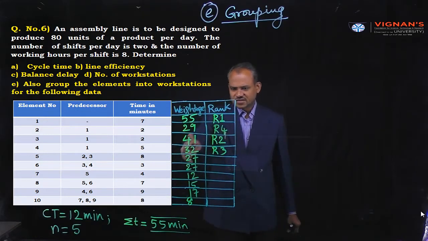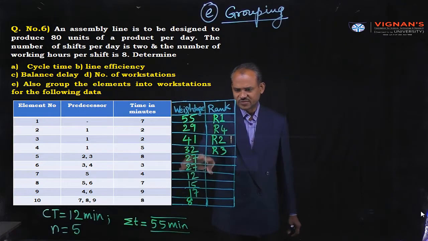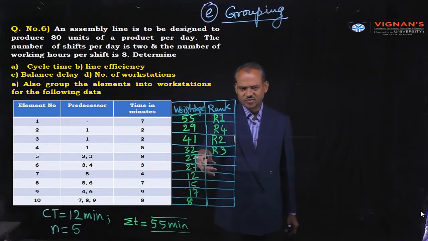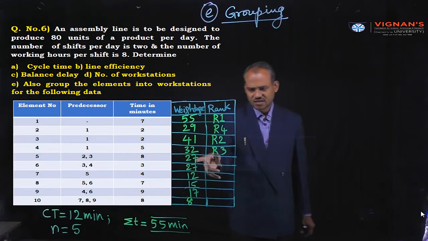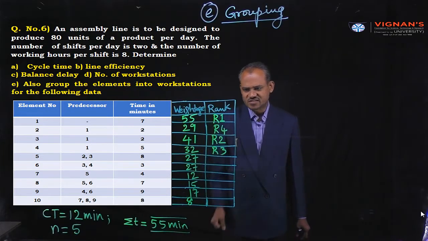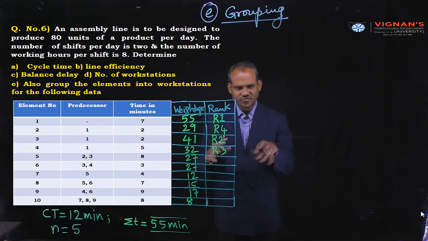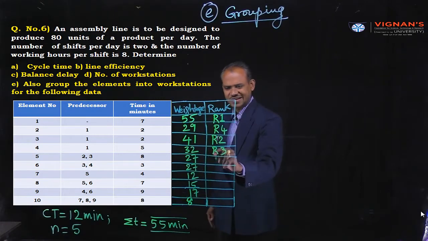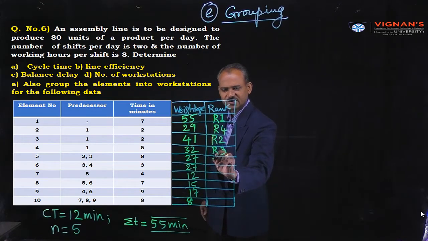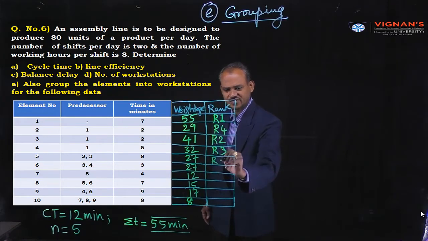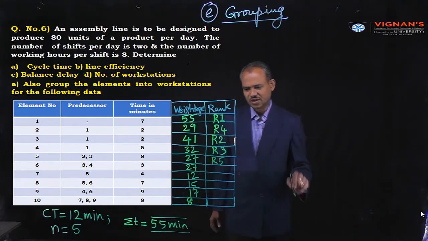We have assigned ranks for the first 4 elements. Next highest is 27. There are 2 places where 27 exists, therefore on a first come first serve basis you can assign rank to the first one, that means work element number 5. Next rank 5. Okay.